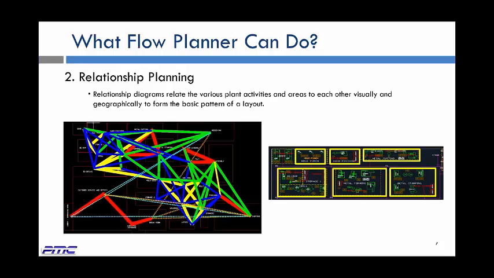As you can see, they're going everywhere in the plant. That's where flow planner can help us. In a manufacturing process, there might be common processes for the products, and it's left to us where we need to locate them.